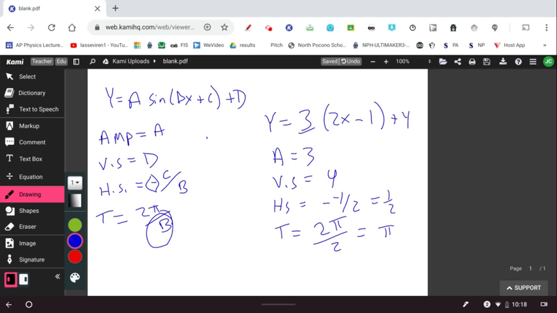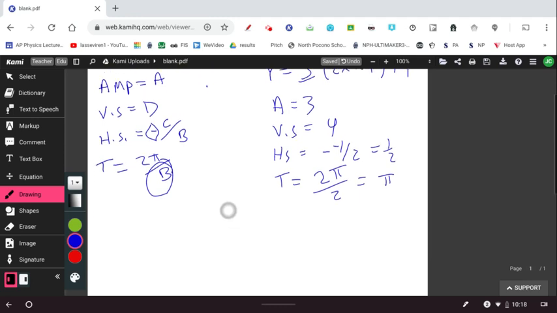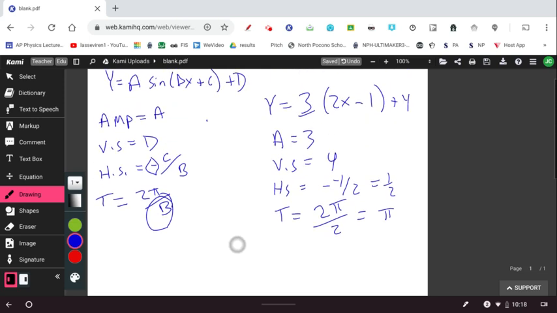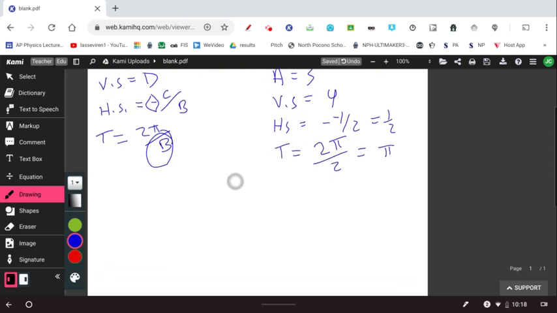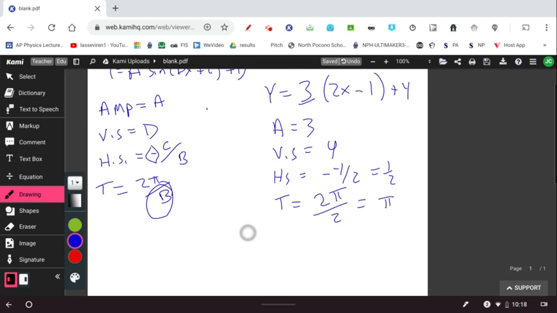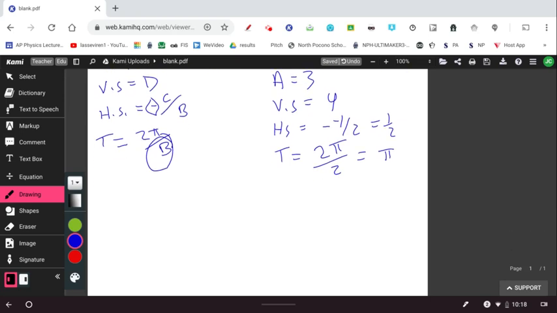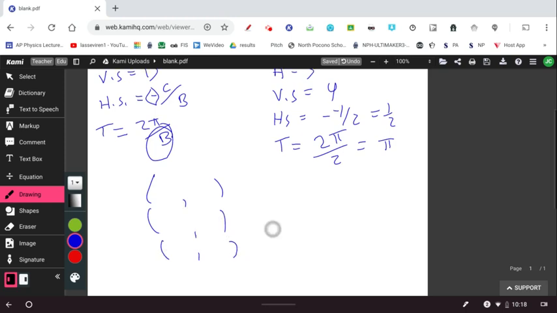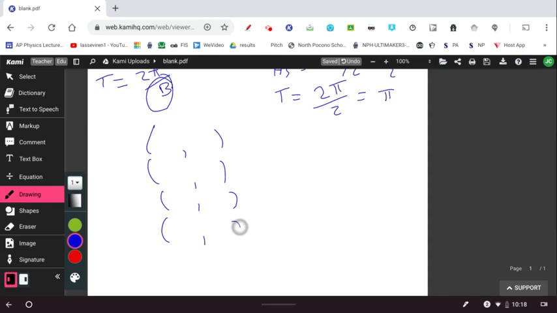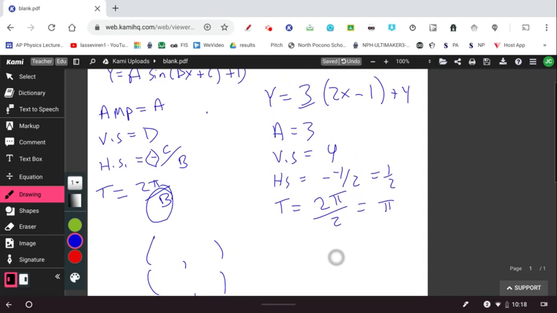Now, how does this look? So we're going to use our 5 points, 5 coordinate points. First off, I like to put in the y values.